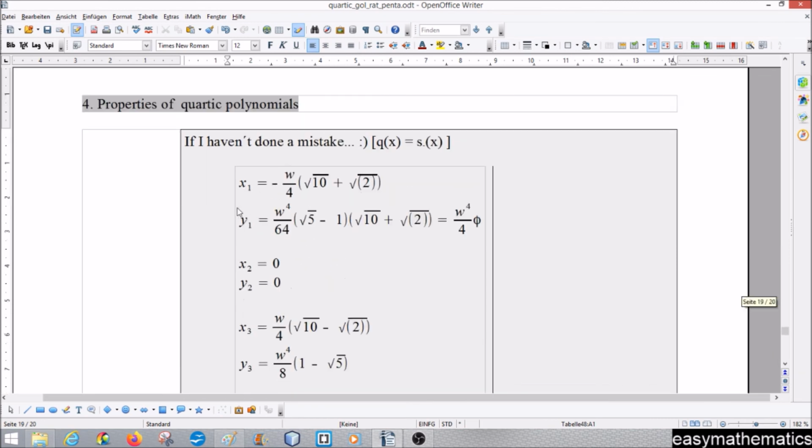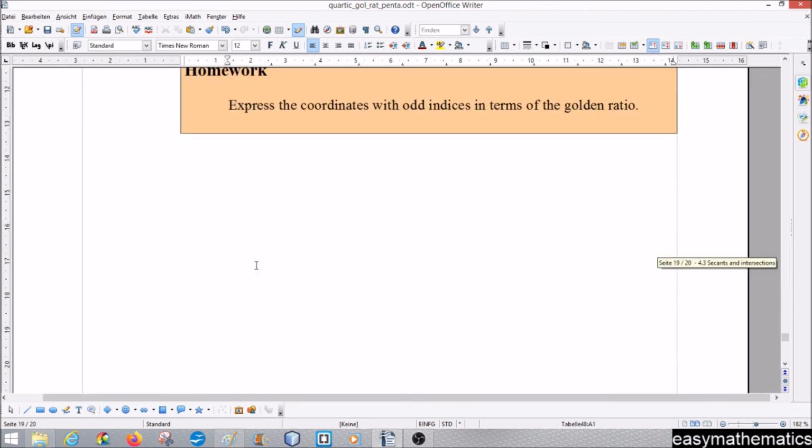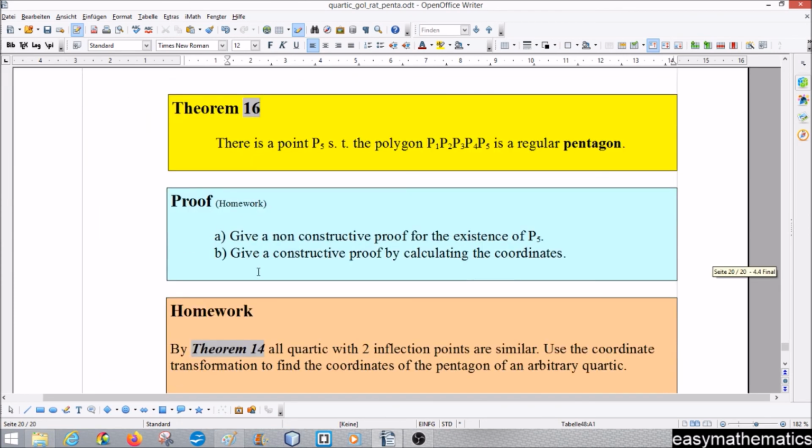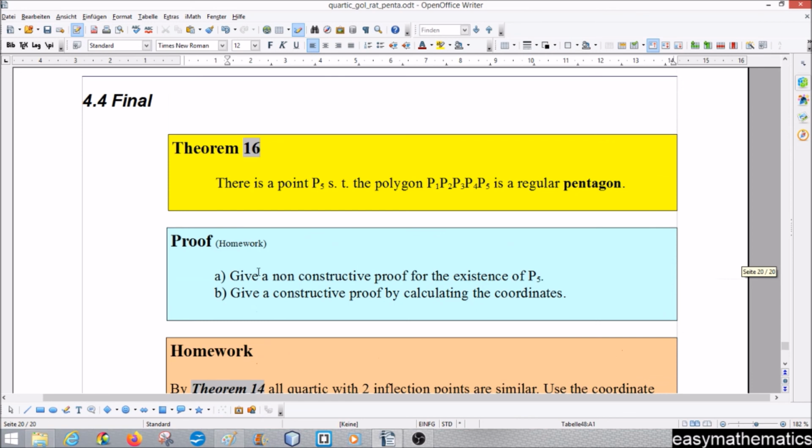Okay, P1, P2, P3, P4, and they form a regular pentagon. Proof is homework. A, give a non-constructive proof for the existence of P5, and B, give a constructive proof by calculating the coordinates, of course.